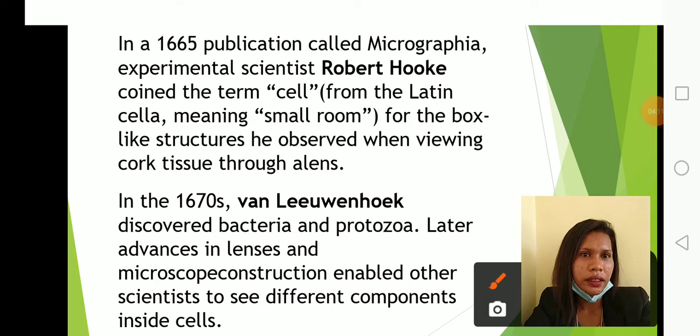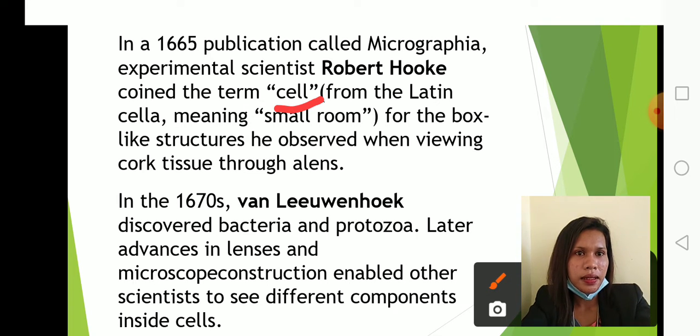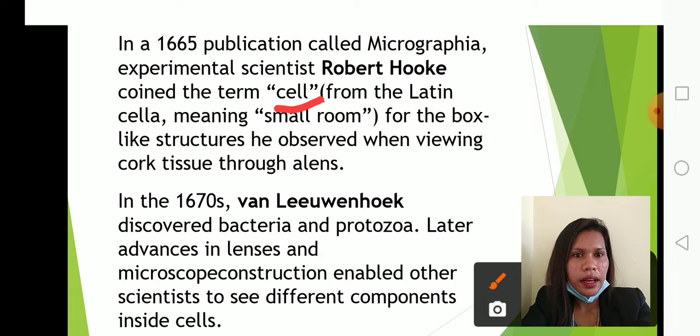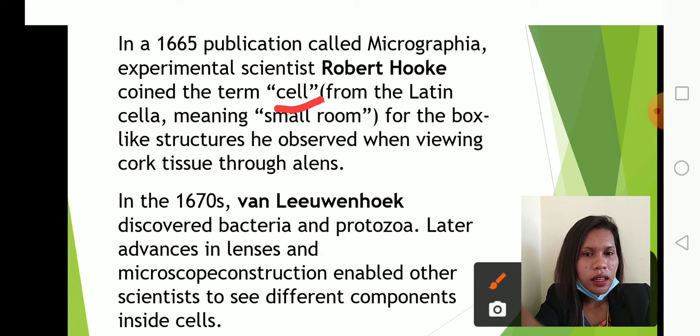Siya ang nakadiscover ng word na cell. Si scientist Van Leeuwenhoek, siya ang nakadiscover sa lente, kasi gusto siguro niya makita kung ano pang nasa loob ng cell. So, next.